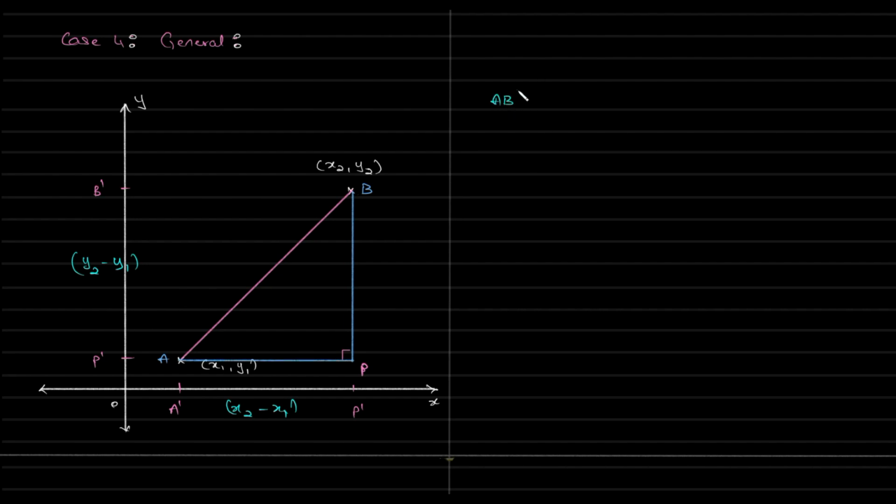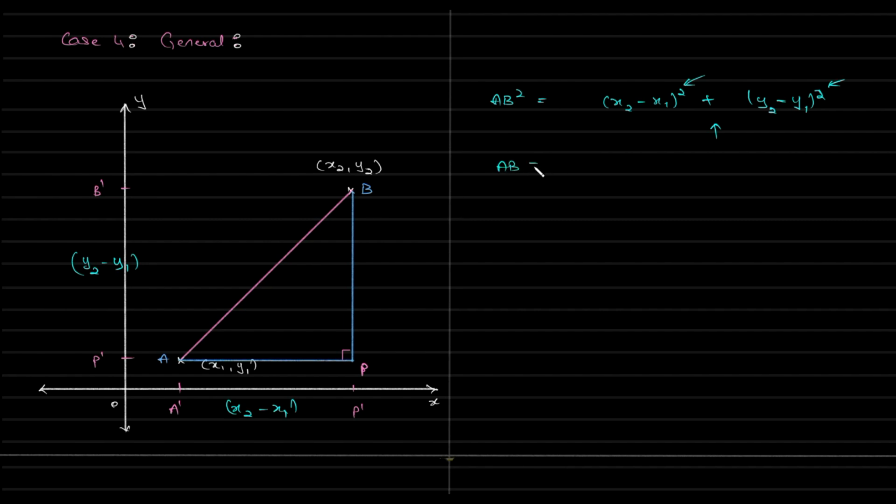So AB square is equal to x2 minus x1 the whole square plus y2 minus y1 the whole square, right? Pythagorean theorem tells the square of the hypotenuse is equal to the sum of squares of the other two sides. And thus this is your distance formula.